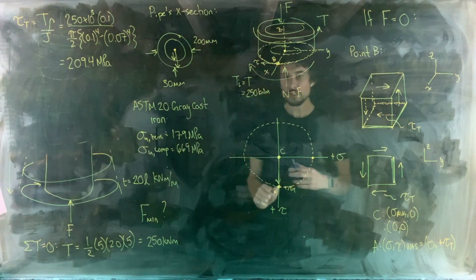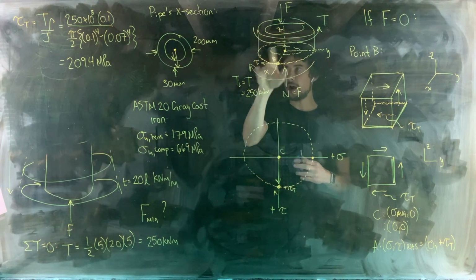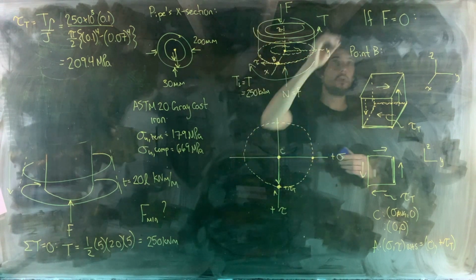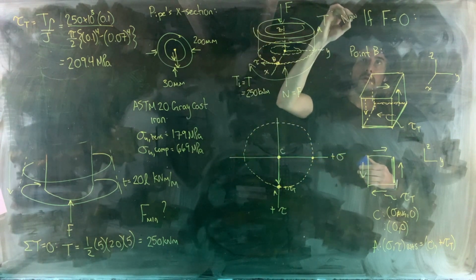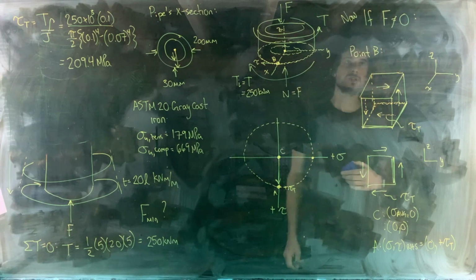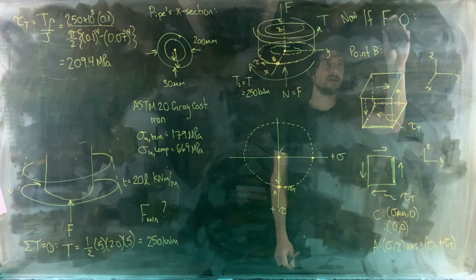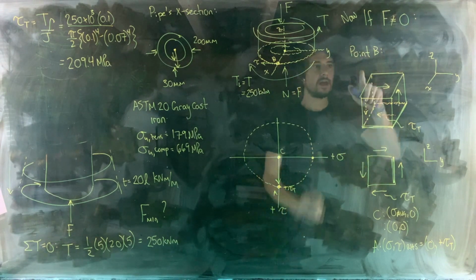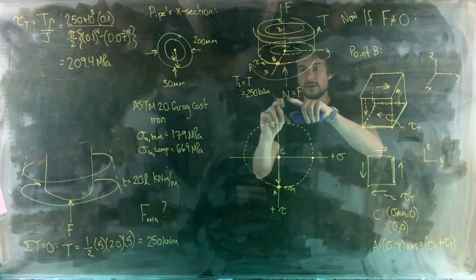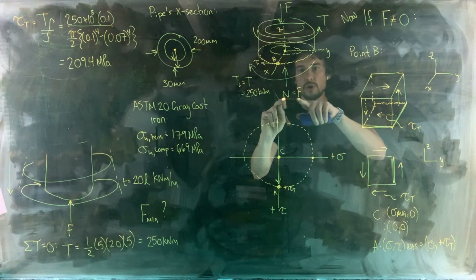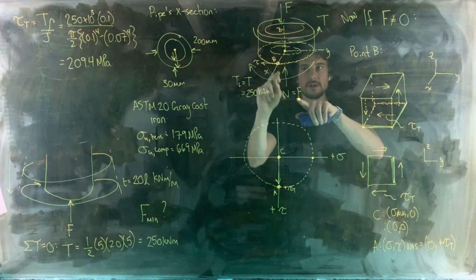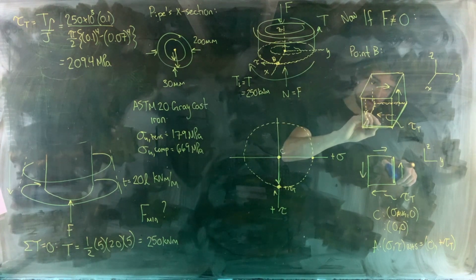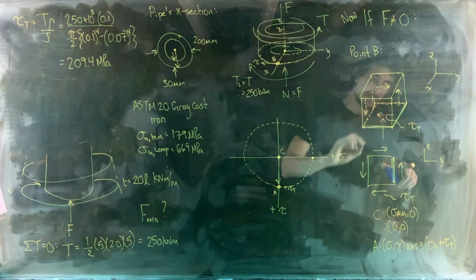Now let's think about how things change when we do apply a compressive load. So if F does not equal 0, then for point B, we now have a normal force equal to F. So we're going to have a compressive normal stress acting on the surface of the element that's in the section plane.